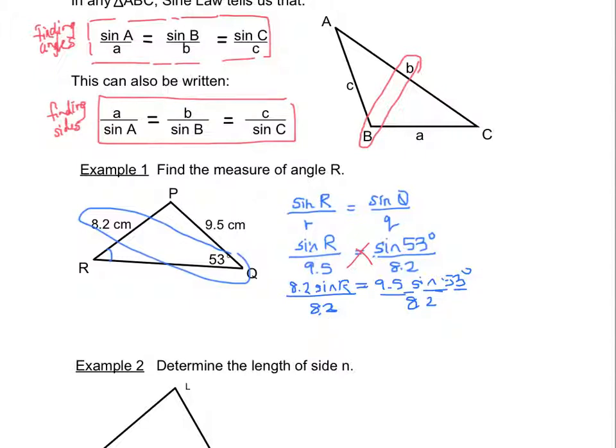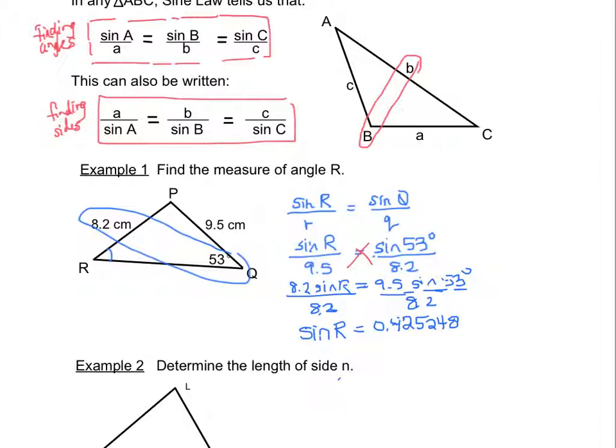Okay, sine R. Now, when you type in all these numbers on the right-hand side of the equal sign, you get a very long decimal number, 0.925248, and it continues on.